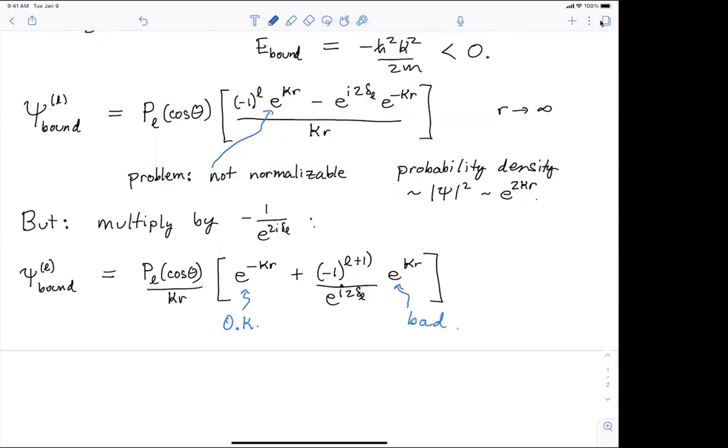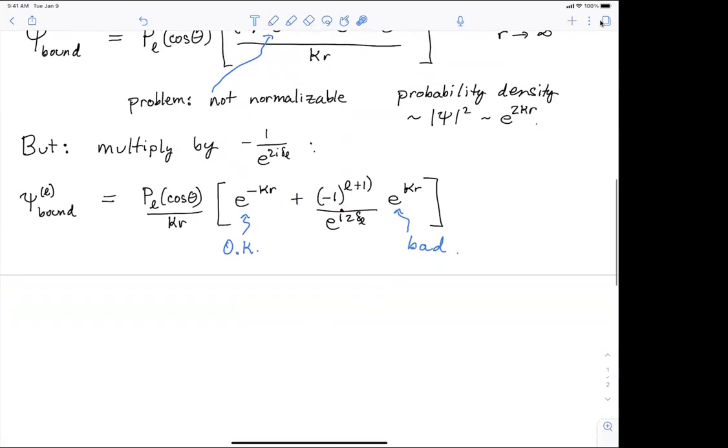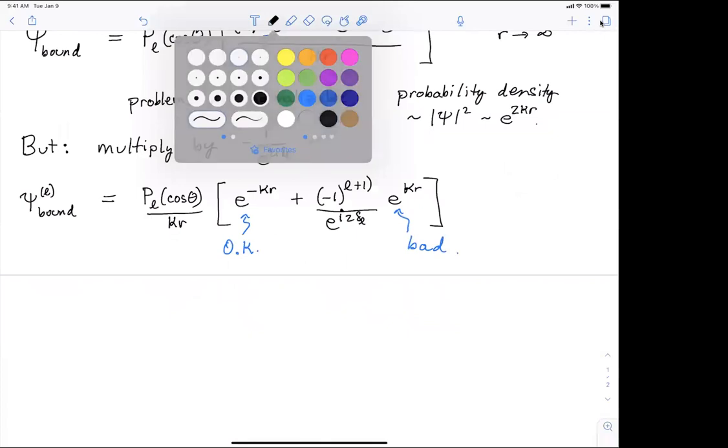The only way to get rid of that term, minus 1 to the L plus 1, is there's not much we can do with that. But this denominator, we could make the denominator go to infinity. And if the denominator goes to infinity, this whole term will just be gone, and everything will be okay, because we'll just have that term left. So that's what we sort of have to do in order to find a bound state.